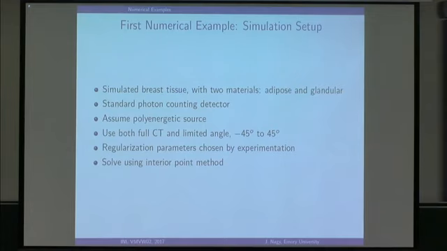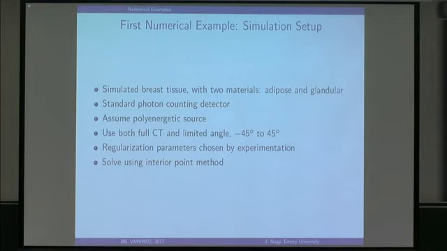All right, so let me do a first numerical example here. In the first numerical example, I'm going to set up a simulation for breast tissue. I'm going to do two examples here. One is breast tissue because that was our original motivation. The other is an example associated with the stuff that Martin Andersen is interested in at TTU. I'm going to do both full CT and limited angle. Now, this limited angle is actually not so limited compared to what really needs to be done in tomosynthesis.